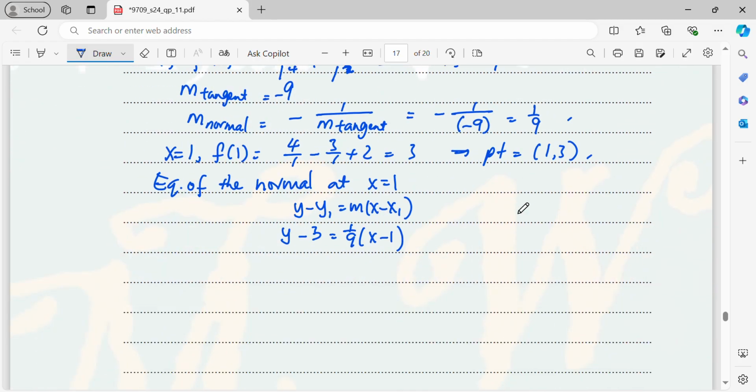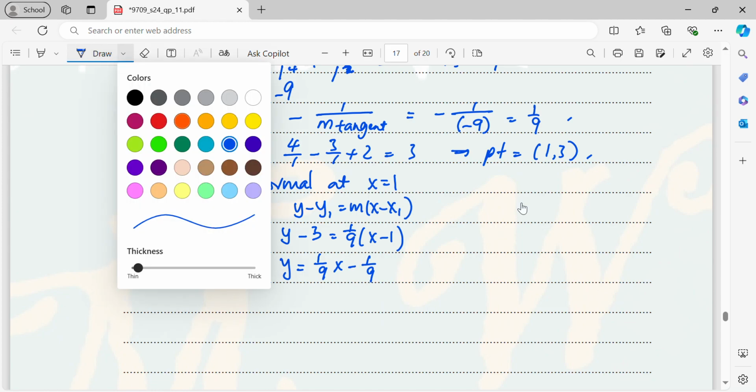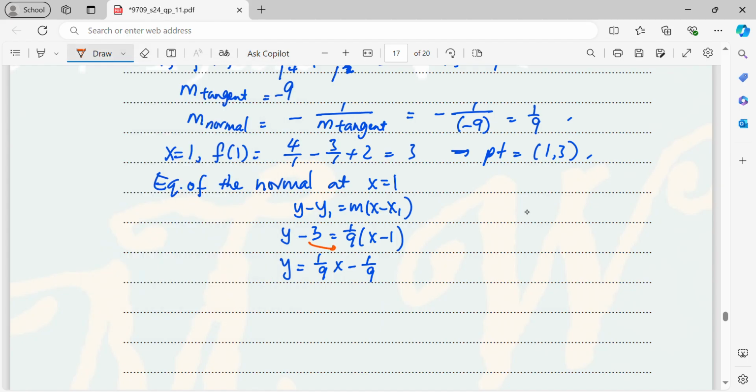Then you will be getting y equals 1 over 9 times the bracket. 1 over 9 times minus 1 is basically minus 1 over 9. Then the minus 3 you move to the right side, that is plus 3. Then you will be getting 1 over 9 x plus 26 over 9. That is my first equation.